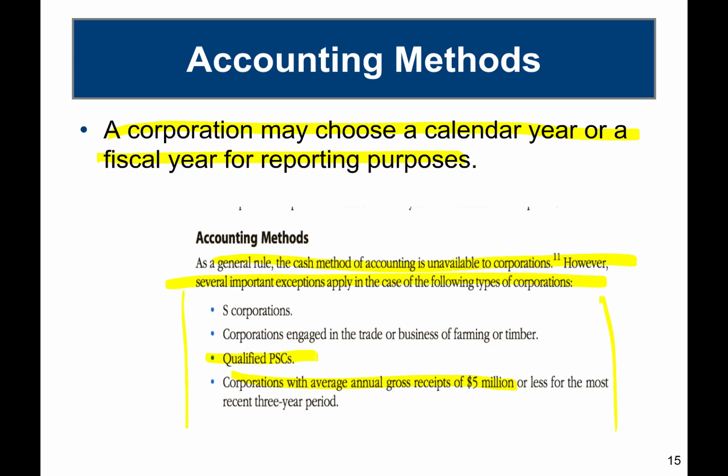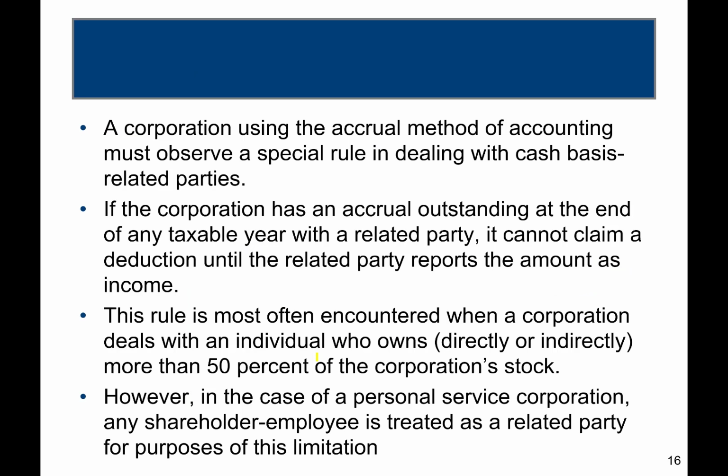They can use cash basis. Everybody else is going to be using accrual basis. And we're going to be focusing on the C corporations in this chapter that are going to be using the accrual basis. Now, what happens here?